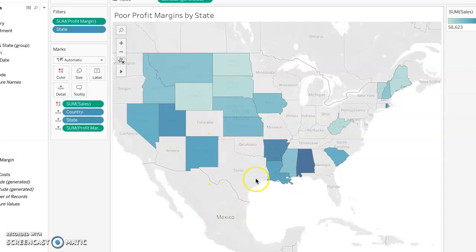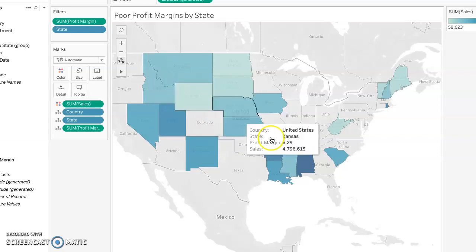So I decided instead to just highlight all of the states that had a profit margin below that 20% mark. As you can see, if you look at any of these states, it shows what the profit margin is as well as the sales.